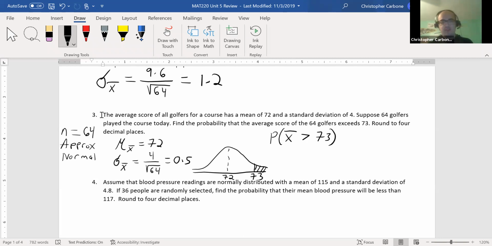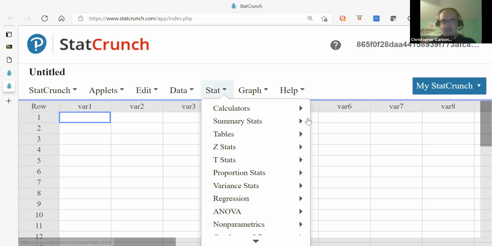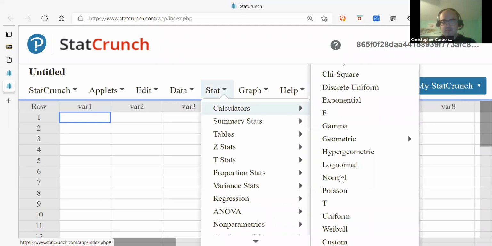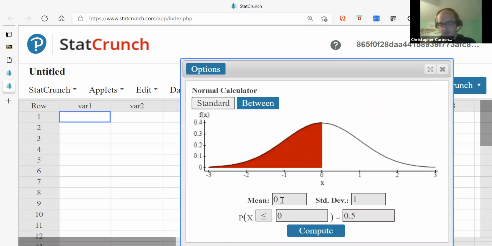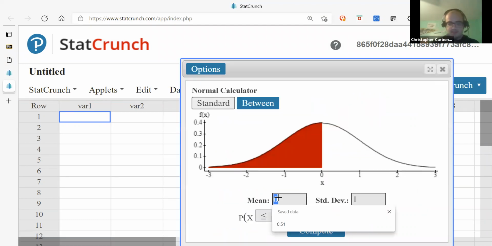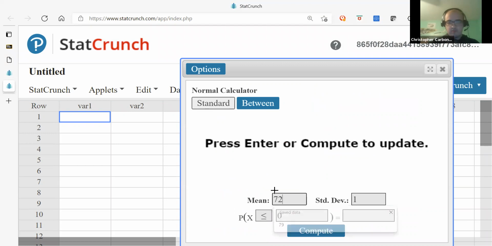But to do this, we are going to go to our same spot we have been going to for a bit now in StatCrunch. With that being open, we are going to go to Stat, Calculators, and then Normal. Our mean is going to be, for this case, 72. The standard deviation for this particular problem will be 0.5.